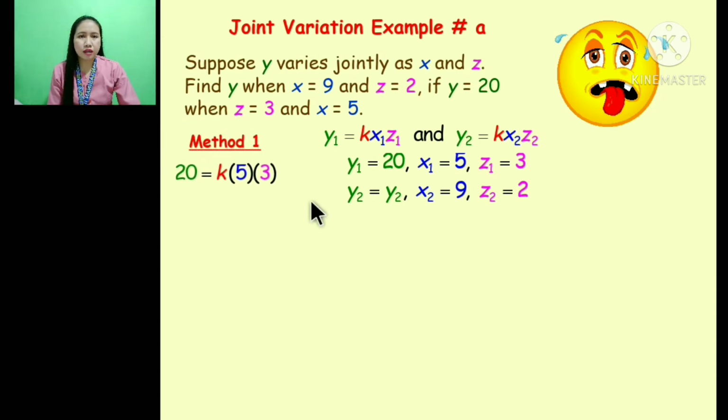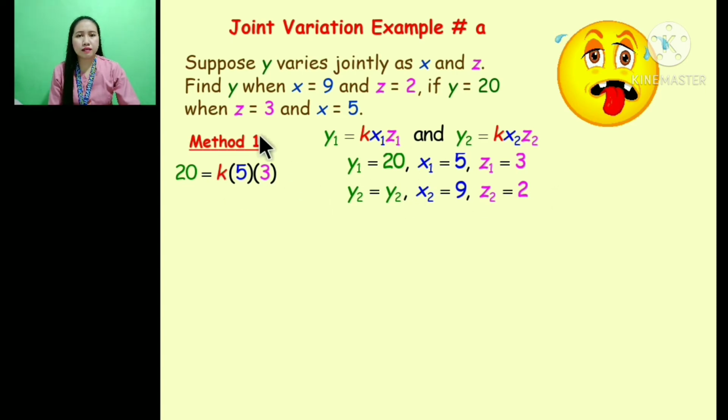Okay, so we have here 20 is equal to k times 5 times 3. So we have here the y sub 1, which is 20, the k, which is the constant, 5, which is the x sub 1, and 3, which is the z sub 1.